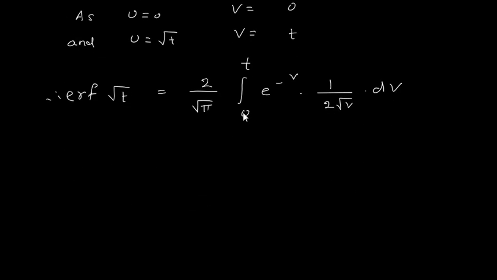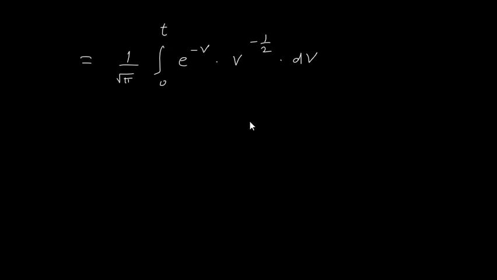Now this 2 will cancel, and we have 1 upon root pi, 0 to t e power minus v into v power minus half into dv.